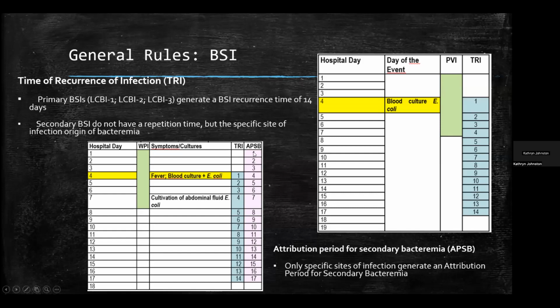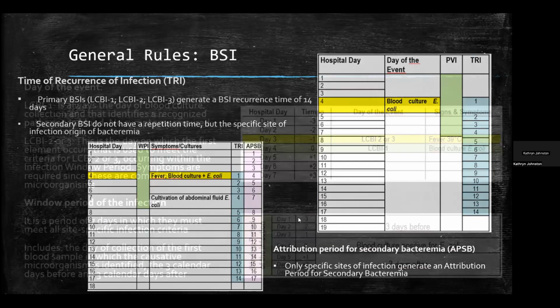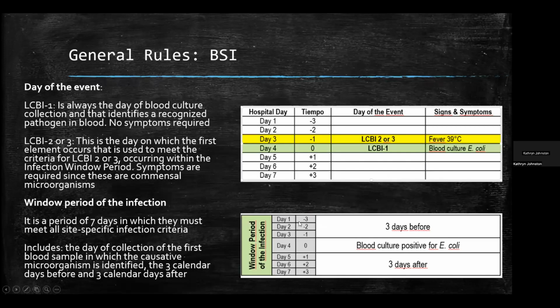So you can see that it's from day 1, but it's about a 17-day period. It is a reflection of the 14 days here plus the 3 days here. Okay, so that is how you get the attribution period for that.